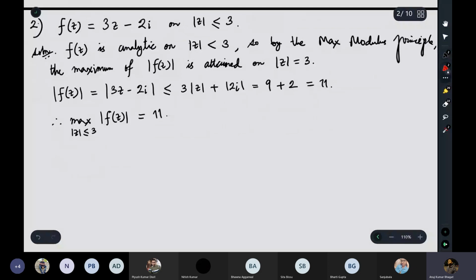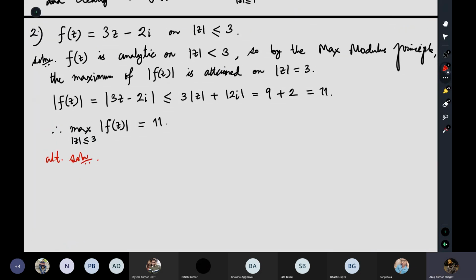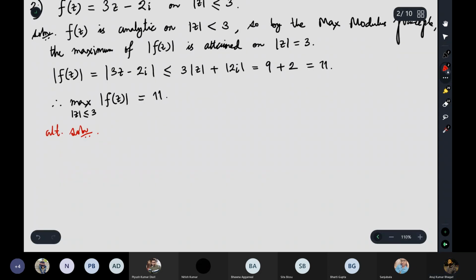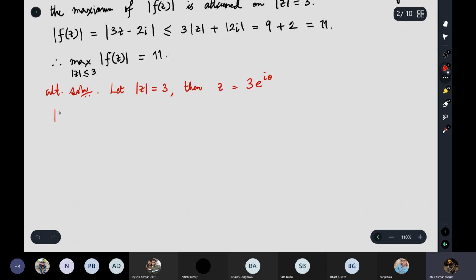There is another way of doing this. The first part is clear, that f(z) is analytic on this. But let mod z equal 3, then z is of the form 3 e to the power i theta. Sometimes you can also proceed in this manner.